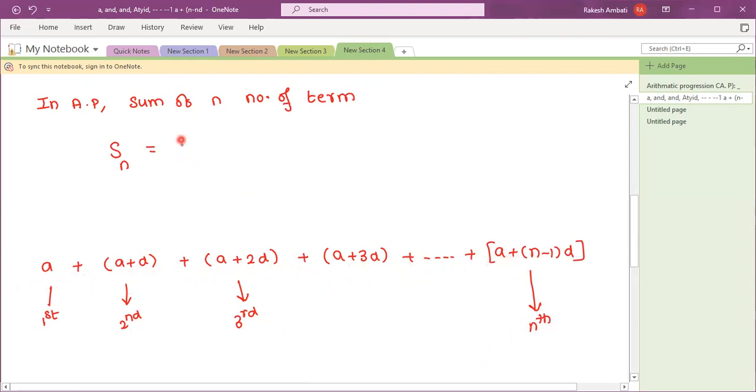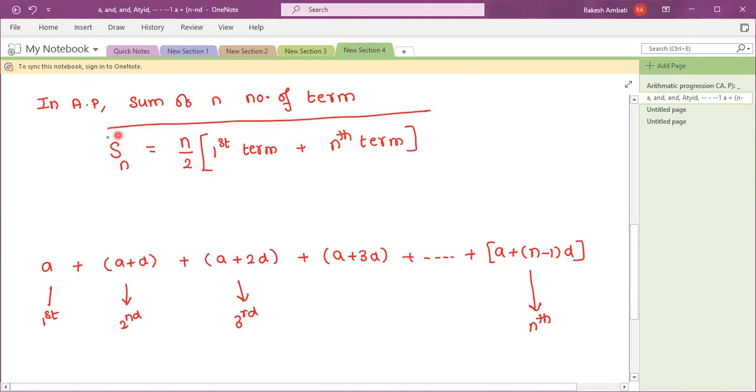The formula is n by 2 into (first term plus nth term). This is the formula to find summation in arithmetic progression.